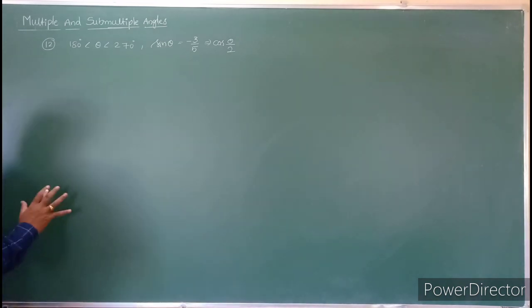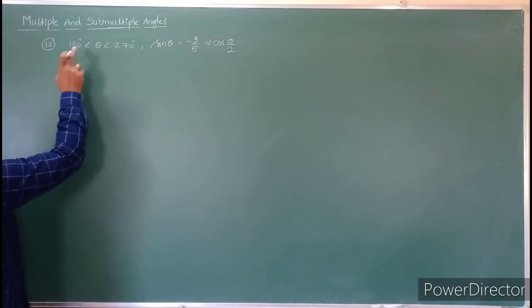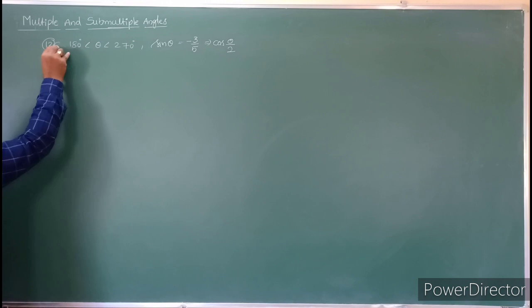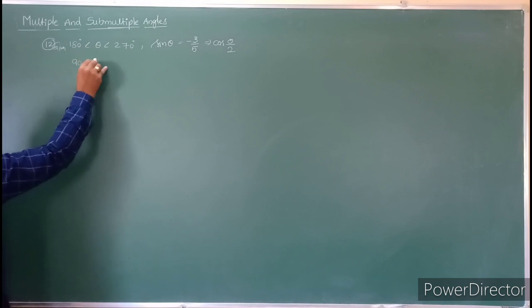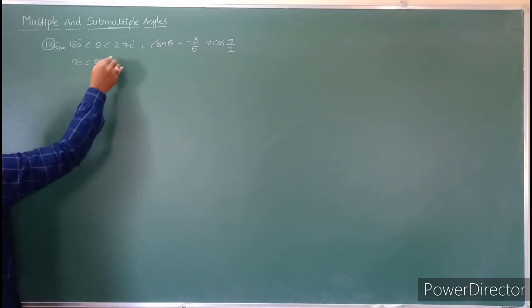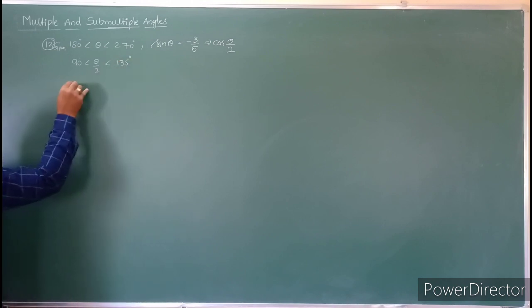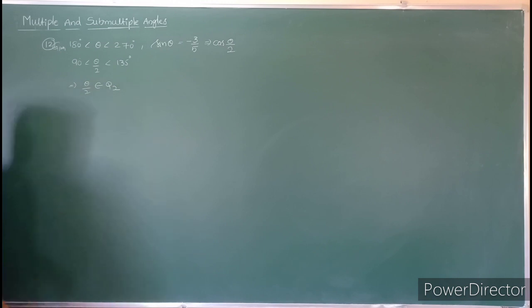First you have to understand that theta belongs to 180 and 270. If you divide by 2, it becomes 90 is less than theta by 2 is less than 135 degrees. That implies theta by 2 belongs to the second quadrant.